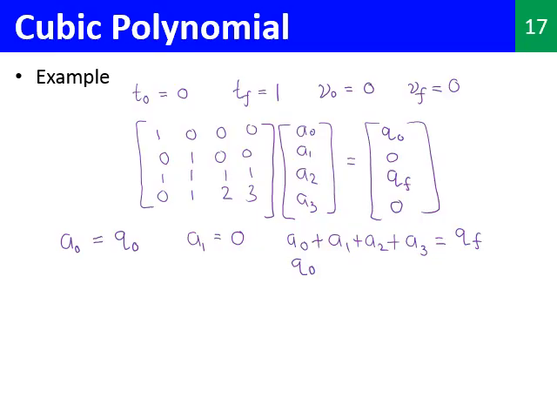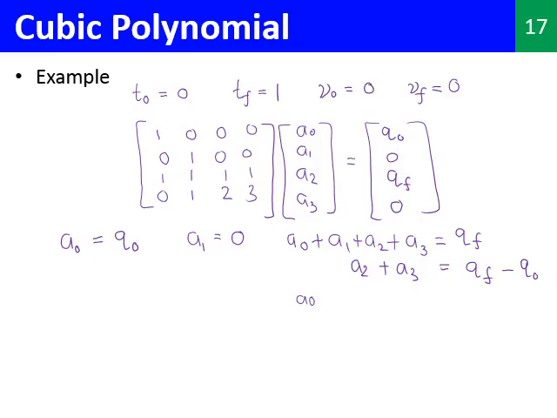So we have a2 plus a3 equals qf, maybe we can send q0 to the other side. So we have one equation from that, and also we can again write the equation from the fourth row.